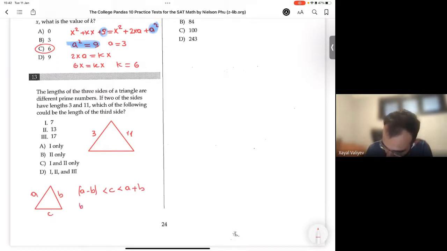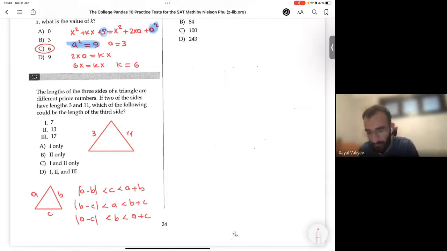For example, B minus C less than A, that's also less than B plus C. I can write it for A and B as well: A minus C less than B, that's less than A plus C. So I need to use this property to find what length the third side can be.